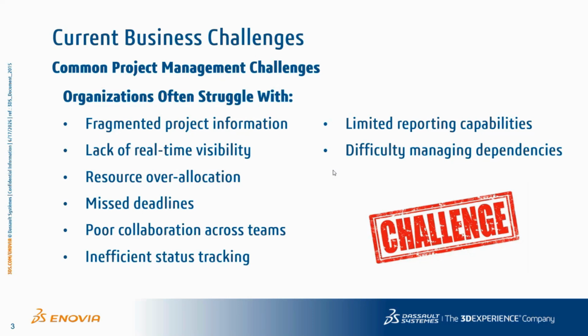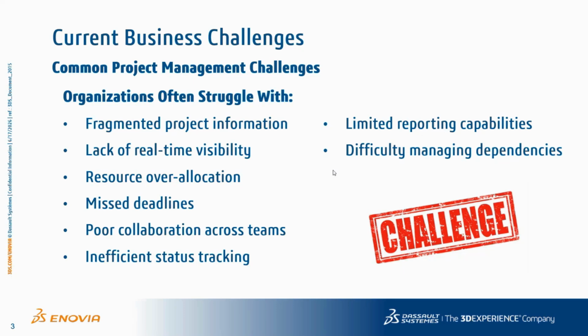So what are the current business challenges? These are the common project management challenges faced by most of the organizations who are yet to adapt or who are looking for a solution to address their project management needs. So fragmented project information. You have bits and pieces of project information.